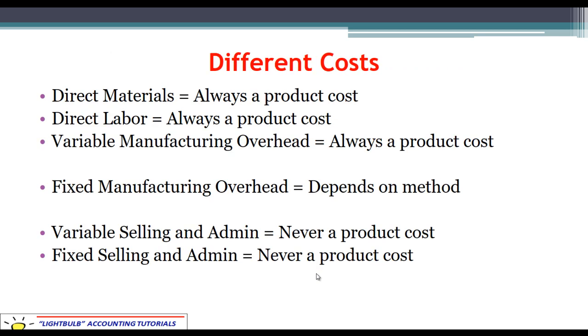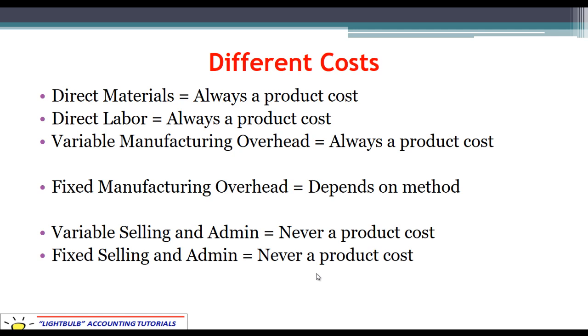So let's take a look at the various product costs, or the various costs in general. Direct materials and direct labor, they're always considered a product cost. They're always variable, but really that doesn't matter. They're always considered a product cost no matter what method you're talking about. Now, manufacturing overhead, we're going to split into two pieces. Variable manufacturing overhead is going to be considered a product cost because, again, it is a variable cost.